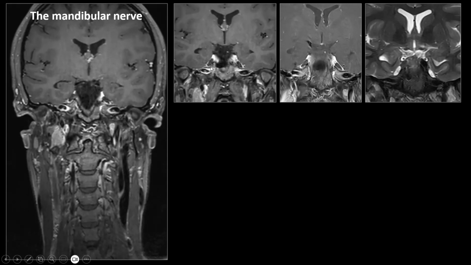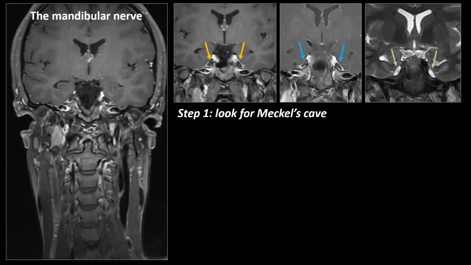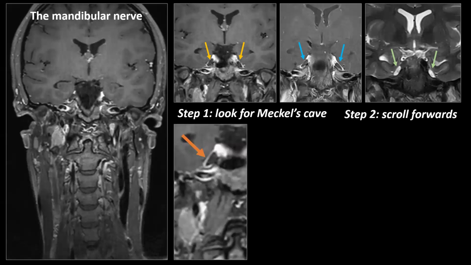Here you see some magnified T1 weighted images and a magnified T2 weighted image in the coronal plane, all showing you Meckel's cave. So it's located over here on the T1 weighted images with gadolinium and over here on the T2 weighted image. If you found Meckel's cave, the next thing you should do is scroll forwards through your images.